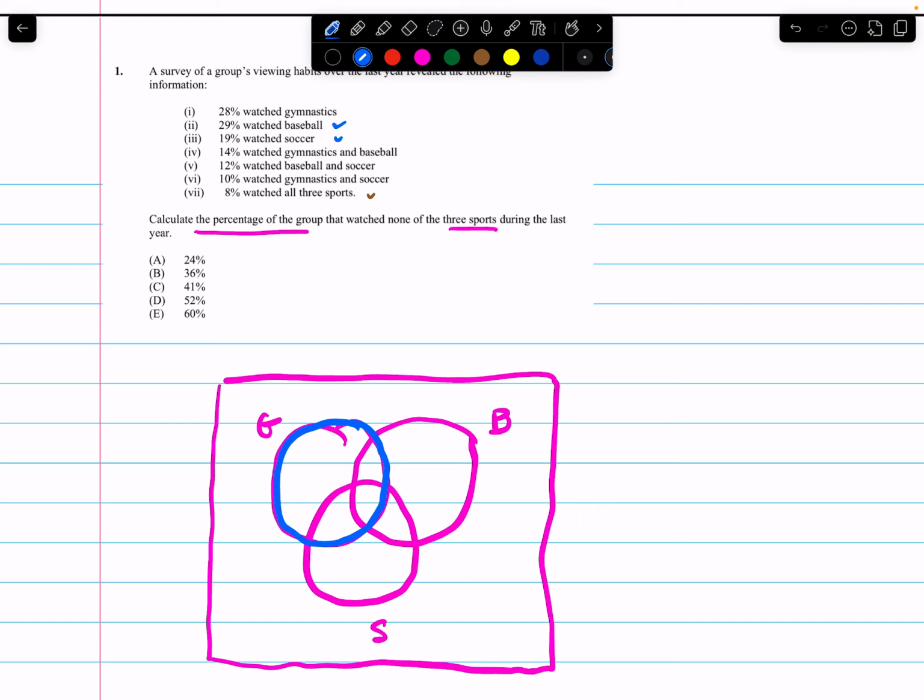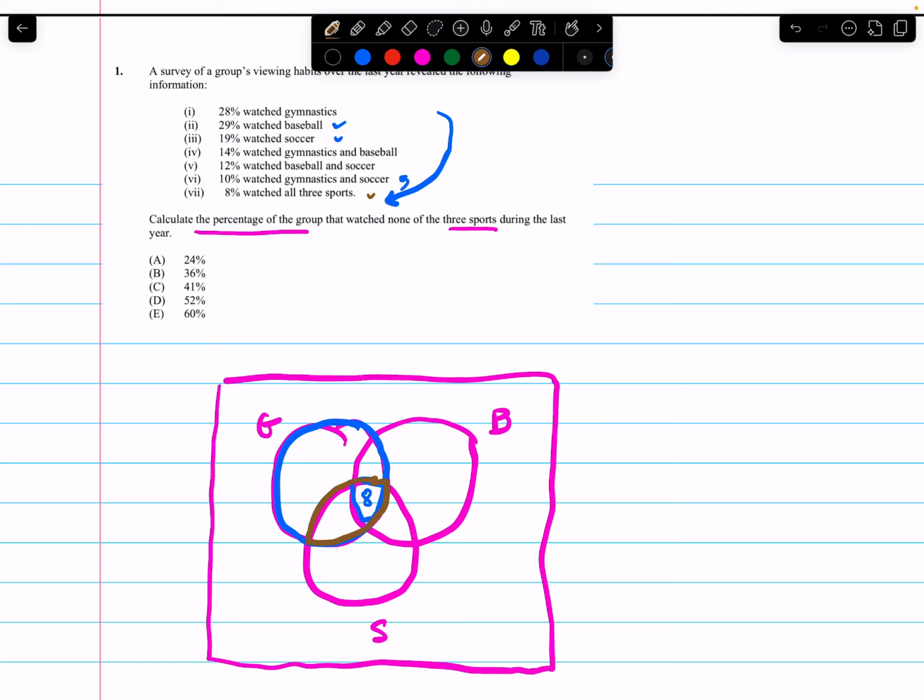So what we're really going to do is go all the way down to the bottom so we can work our way out. We see that 8% watched all three. So the piece of the Venn diagram that represents all three is this middle guy right here, and that's going to be 8. Then we go back up to all the intersections. 10% watched gymnastics and soccer, so this whole little football has to be 10.